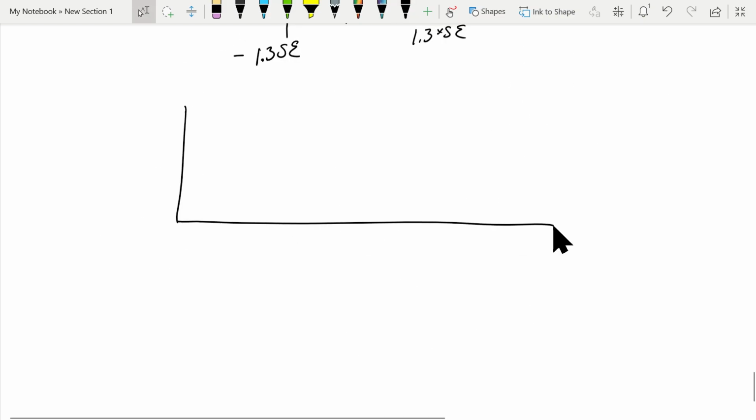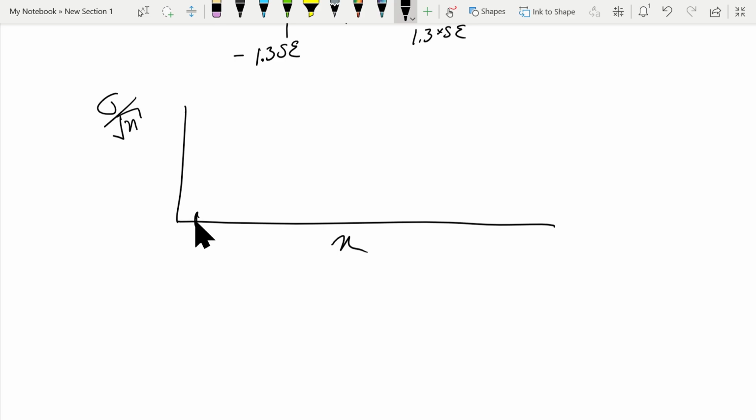This is what I have. I've got sigma, a standard deviation, divided by the square root of n. Here's n. What's the square root of 1? 1. So if I'm here at 1 sample, it's 1. What's the square root of 16? 4. What's 1 over the square root of 16? This is what I've got, divided by the square root of the sample size. 1 over 4? 1/4, 0.25. That's there.